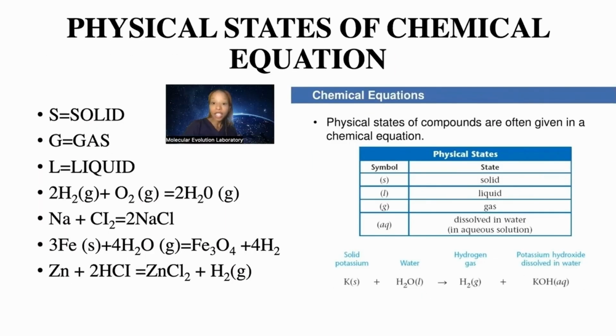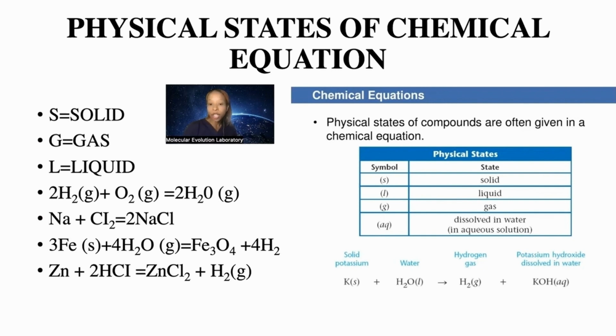The physical states of chemical compounds are given in the chemical equation. There are three different states: solid, liquid, or gas. The symbols are written as S, L, or G. If it's dissolved in water, it's in an aqueous solution, designated AQ.